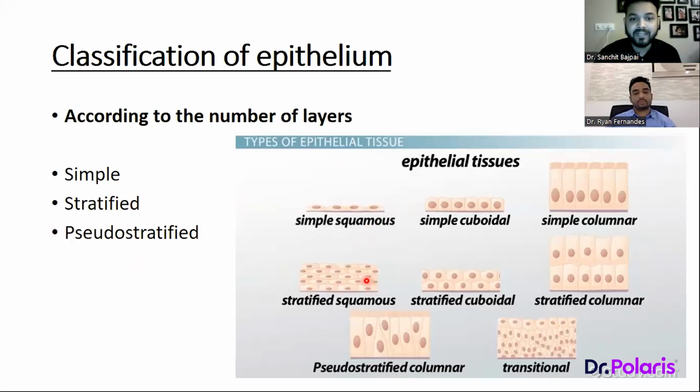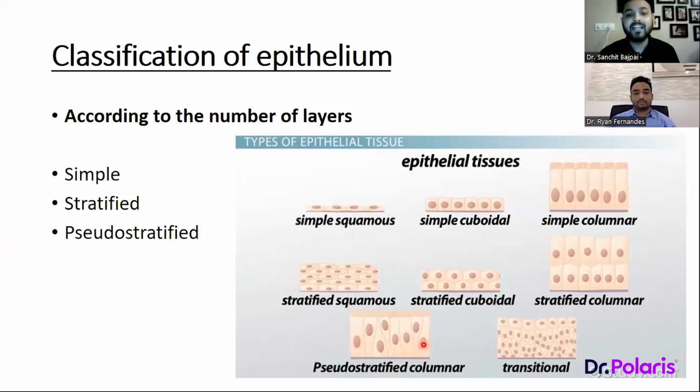If simple epithelium gets stacked with more cells above, that means now it is not unilayered, it is multi-layered. Anything multi-layered is given the name stratified. So we call it stratified epithelium because it has a number of layers, more than usual. And third comes pseudo-stratified. Pseudo means false. Stratified means multiple layers.